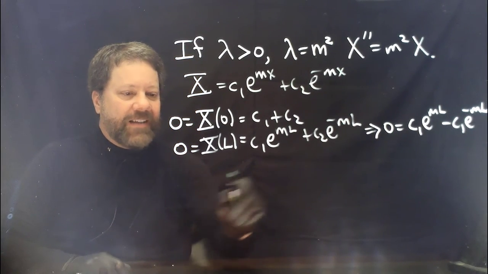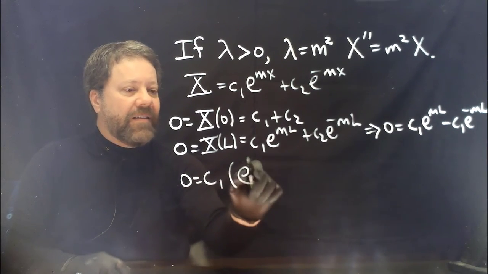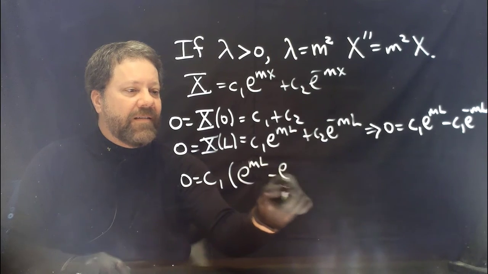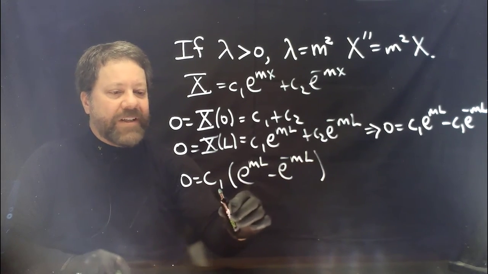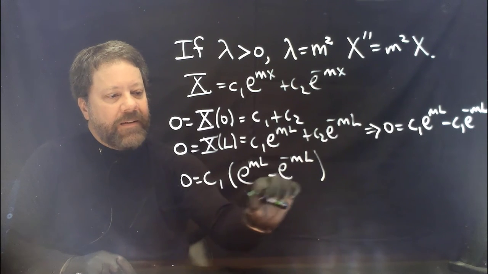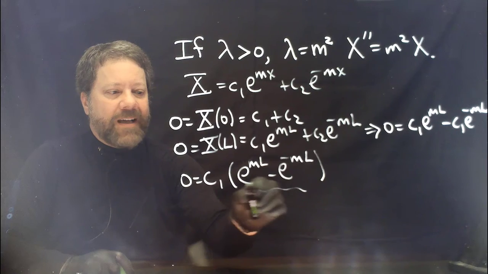You can see then that factoring c1 out, we have here something that looks a lot like a hyperbolic sine.